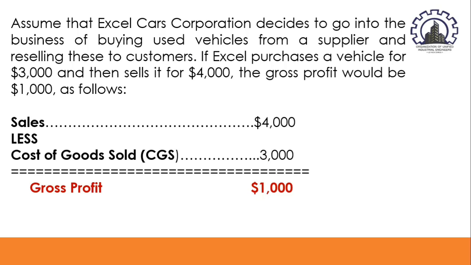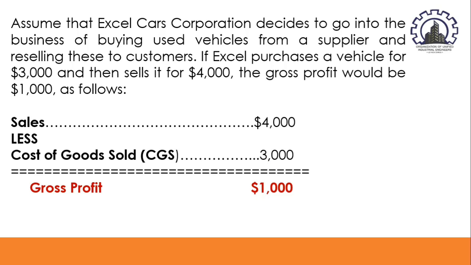If Excel purchases a vehicle for $3,000 and then sells it for $4,000, then the gross profit would be $1,000. So you can see there sales, okay? Your sales is $4,000 minus the cost of goods sold, which is $3,000, and your gross profit is $1,000.